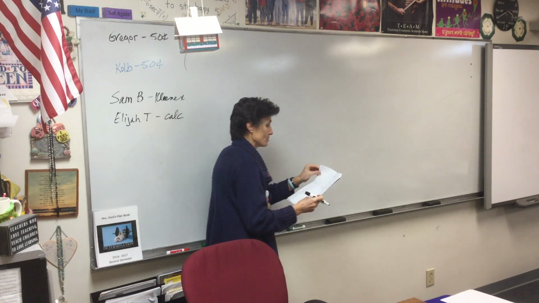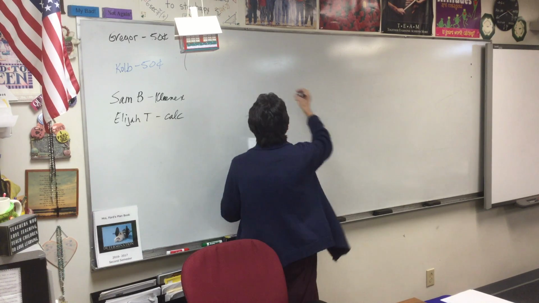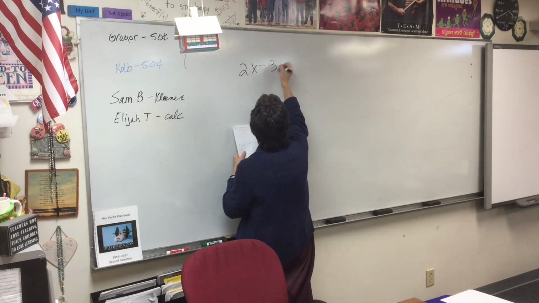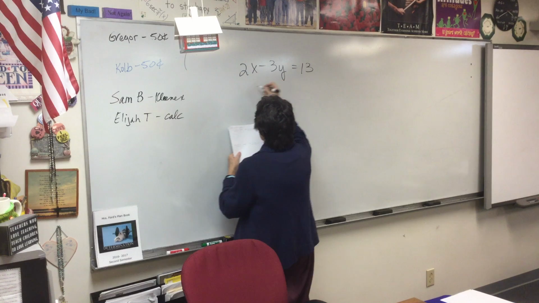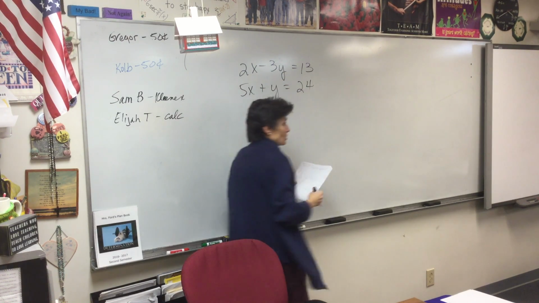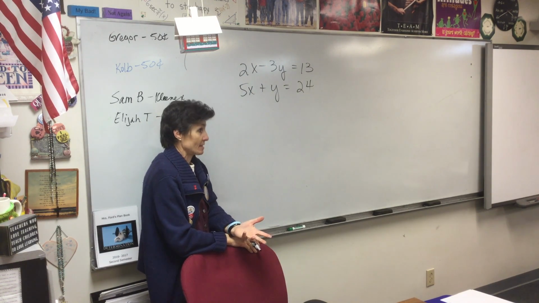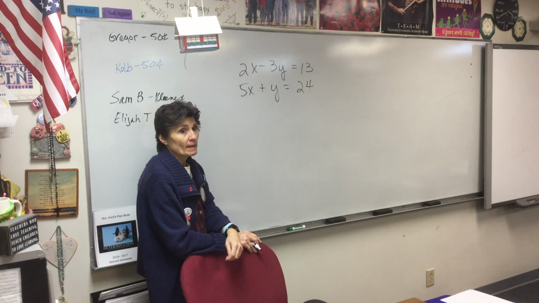So I am on my notes. Same place I was last time, the back of page 43. Only now I'm doing the problems that say elimination. Now, when we do elimination, remember, the goal is to eliminate a variable.